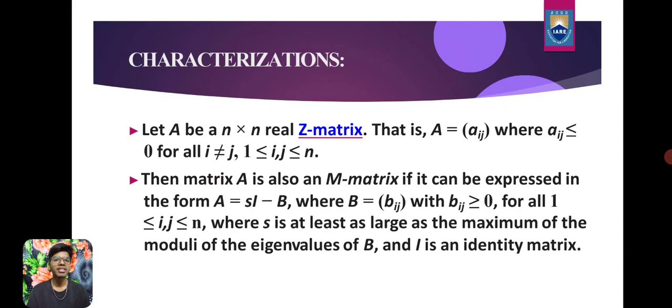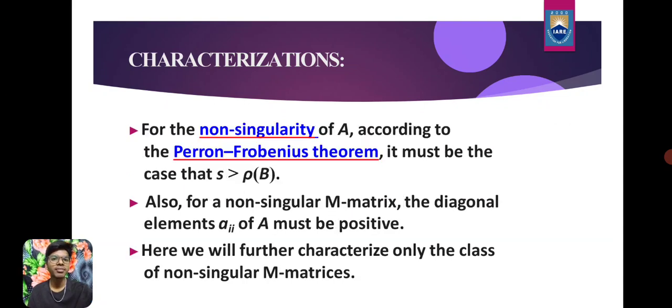Then matrix A is also an M matrix if it can be expressed in the form A equals sI minus B, where B equals Bij with Bij greater than or equal to 0 for all 1 less than or equal to i, j less than or equal to n, where s is at least as large as the maximum of the moduli of the eigenvalues of B, and I is an identity matrix.